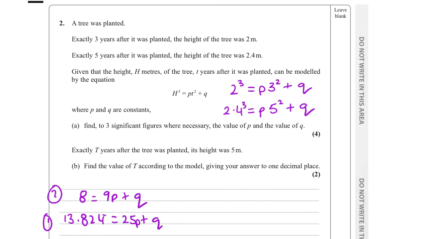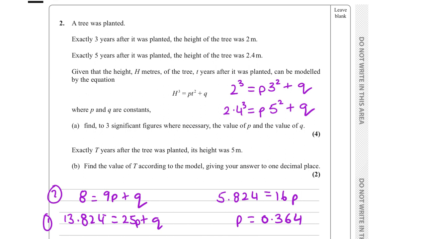So this minus 8 equals 5.824 equals 25 minus 9, which is 16, 16p. So if I divide, 0.364, perfect. Yeah. I'm glad we're getting the same.